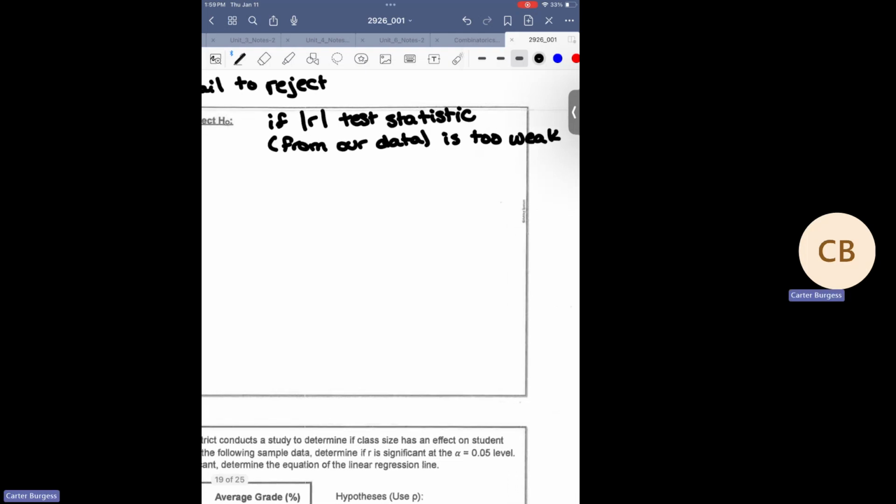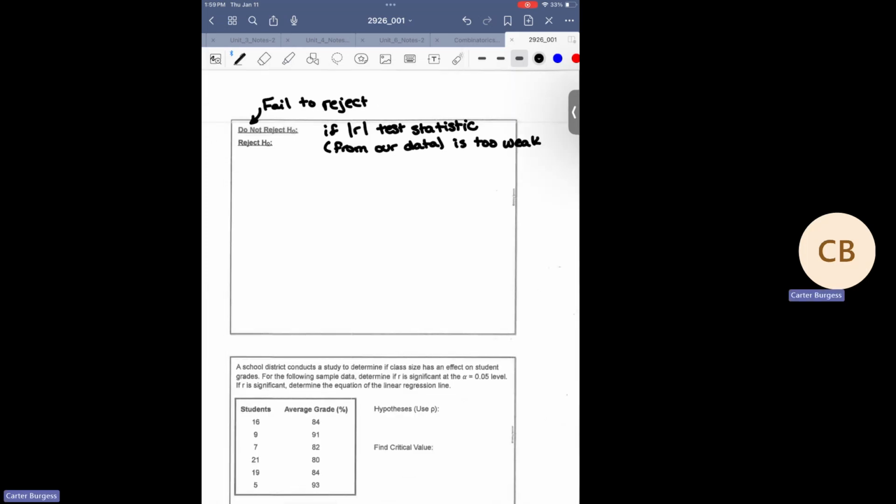Too weak just being weaker than the critical value that we are comparing it to. And we successfully reject the null hypothesis.